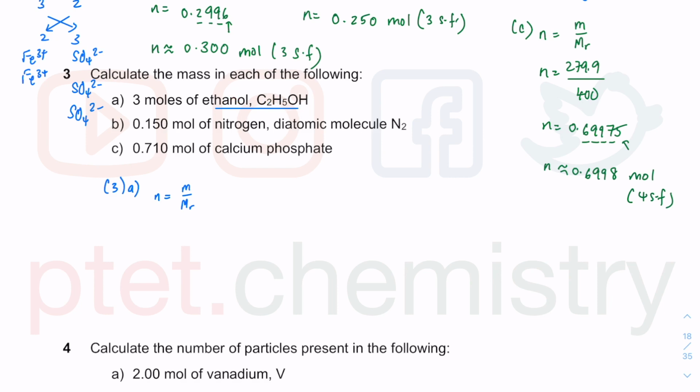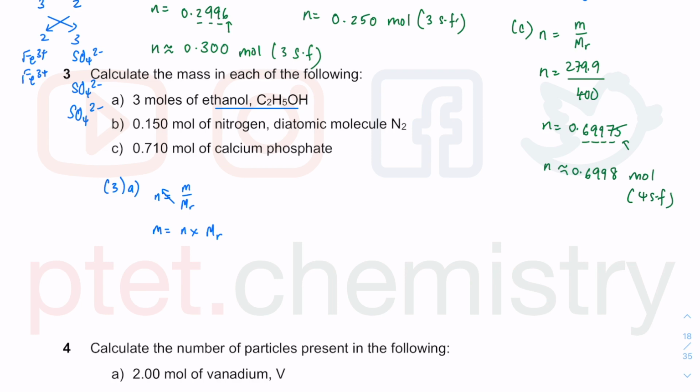But we want the mass, so let me just do mass equals mole times Mr. Because I have moved the Mr up there, what I've done is I multiply Mr on both sides, so it becomes mole. Mole is represented by n internationally, multiplied by Mr, and then this multiplied by Mr gets cancelled out. You're just left with mass on one side there. This is called rearranging equations, primary school algebra, lower secondary mathematics as well.